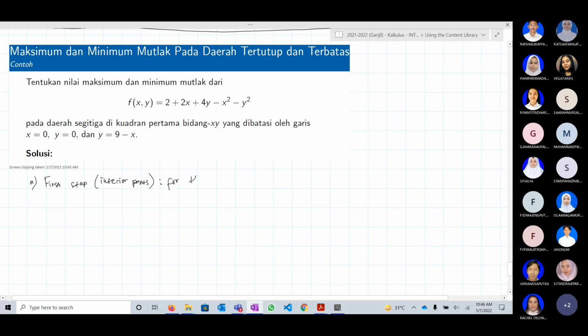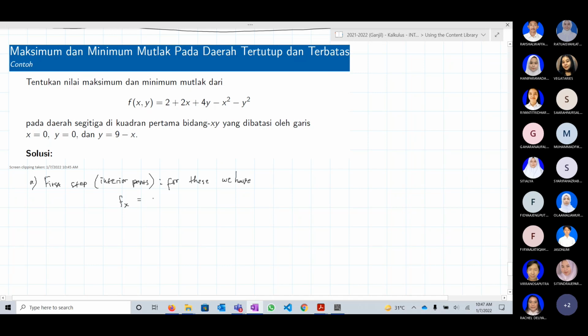For this, since we know that this function is differentiable for all points in the xy plane, we simply need to find its partial derivatives.